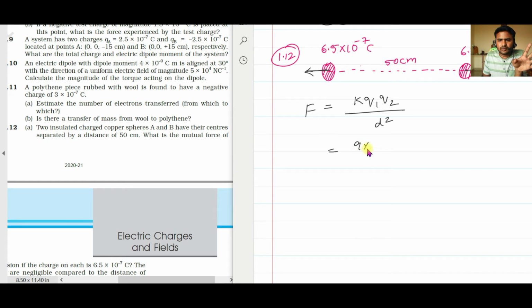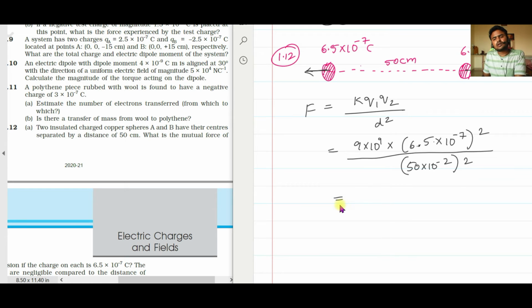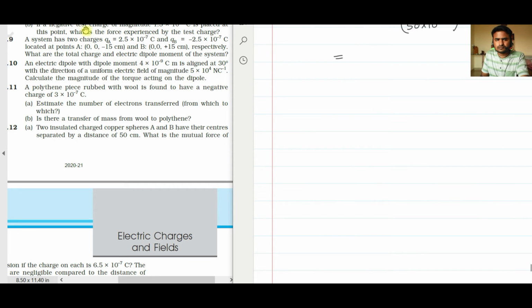Just substitute: 9 into 10 to the power of 9 into 6.5 into 10 to the power of minus 7, the whole square, because q1 and q2 are equal, divided by the distance 50 into 10 to the power of minus 2, converting 50 centimeter into meter, the whole square. If you simplify this, we will get 1.52 into 10 to the power of minus 2 Newton.